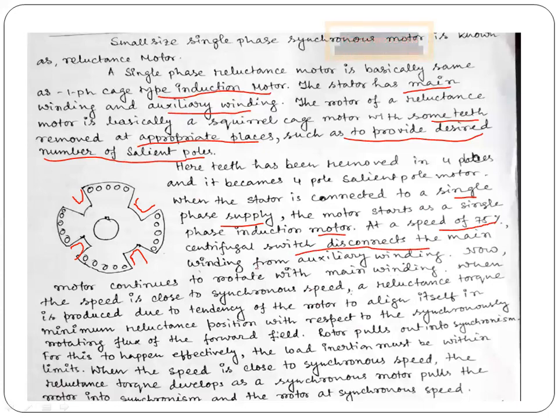This is similar for all kinds of single phase induction motors, except the shaded pole. So now the motor continues to rotate with the main winding. When the speed is close to synchronous speed, a reluctance torque is produced due to the tendency of the rotor to align itself in the minimum reluctance position with respect to the synchronously rotating flux of the forward field. The rotor pulls out into synchronism, and for this to happen effectively, the load inertia must be within the limit.